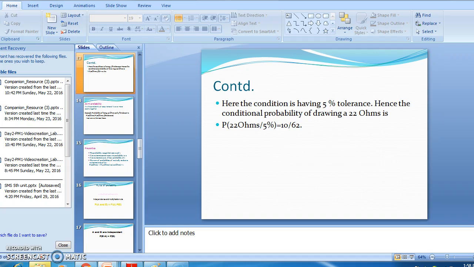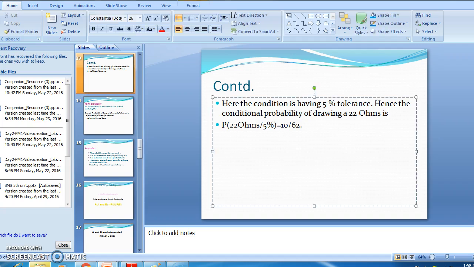Here the condition is having 5% tolerance. Hence, the conditional probability of drawing 22 ohms, that is the probability of 22 ohms under the condition of 5% tolerance, is equal to 10 by 62.